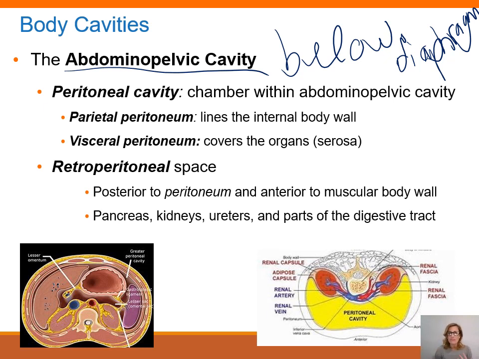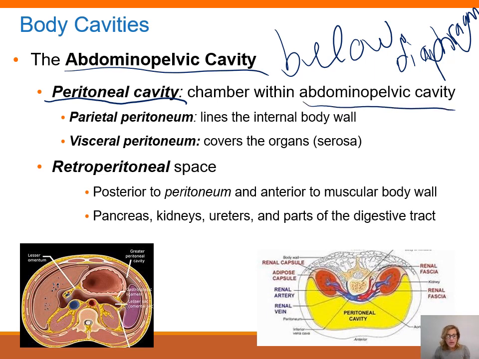But within the abdominopelvic cavity, there's another subcavity, or another sac, that's surrounded by a serous membrane. We refer to this area as the peritoneal cavity. So the peritoneal cavity is a chamber within the abdominopelvic cavity.